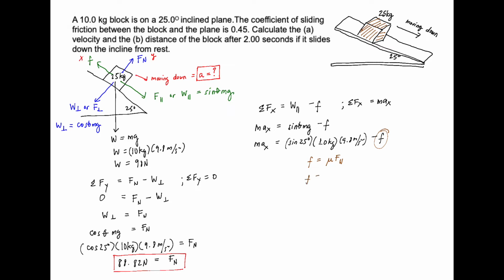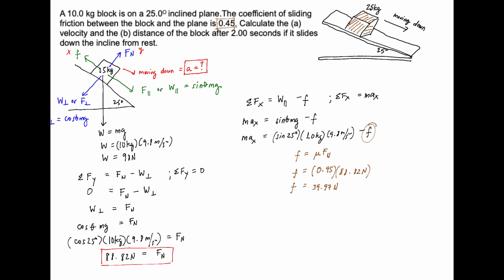So the frictional force would be mu kinetic, which is 0.45 from the given, multiplied by the normal force, which is 88.82. The frictional force would be 39.97 newtons. And so we can now continue to solve the problem.